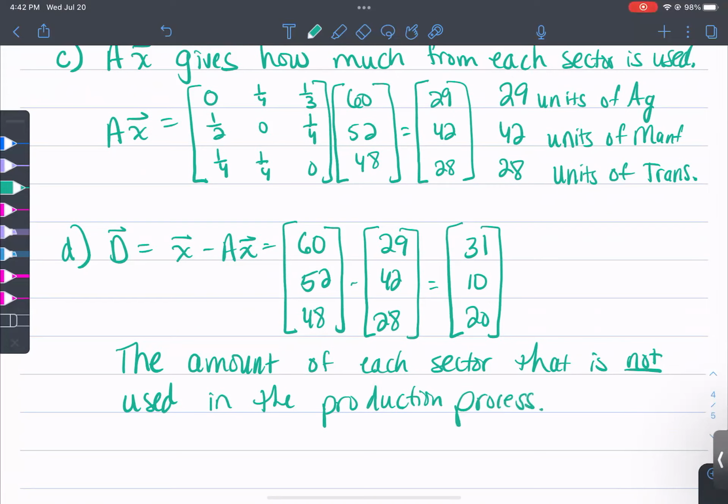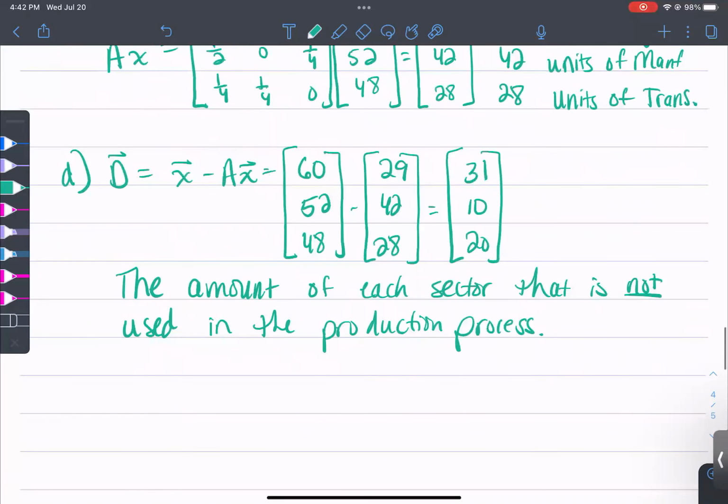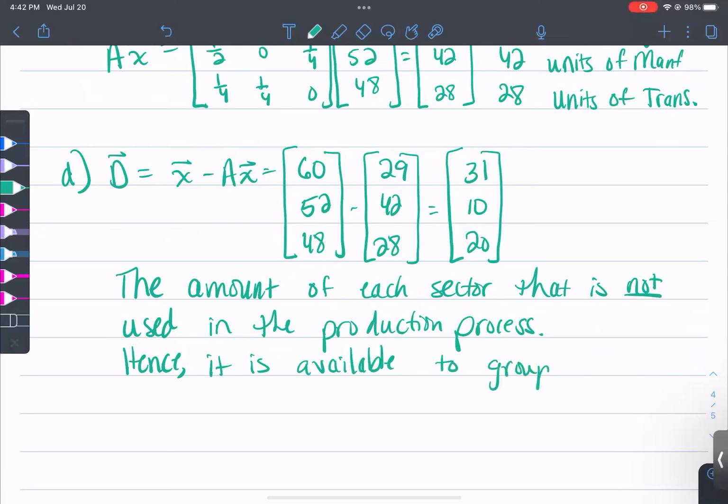And that just gives you a chance to reflect on what was not used and what you still have available. So hence that amount that's left over, it is available to groups outside the production process.